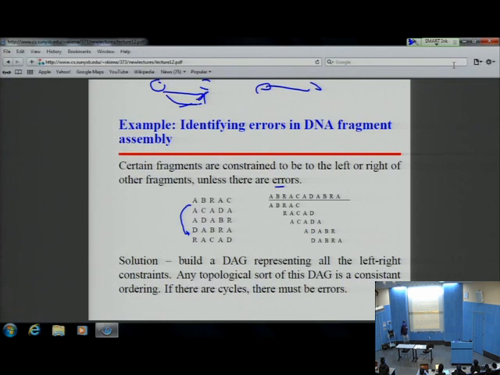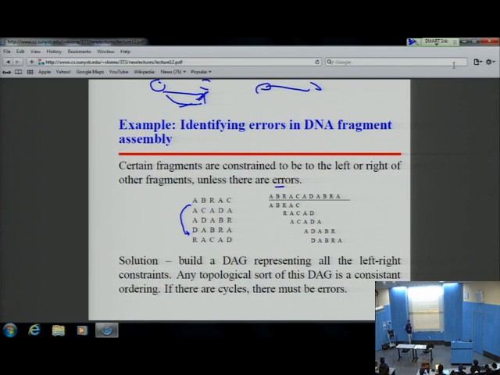So you can kind of imagine that there's a book you're trying to read, and the data you're given are pairs of words, saying that ACTTG is to the left of CGTTTA.